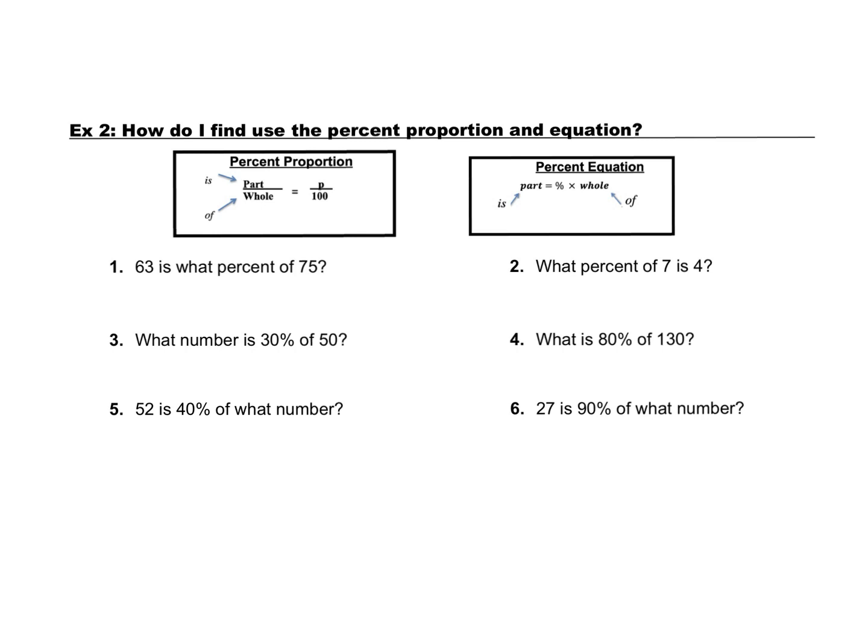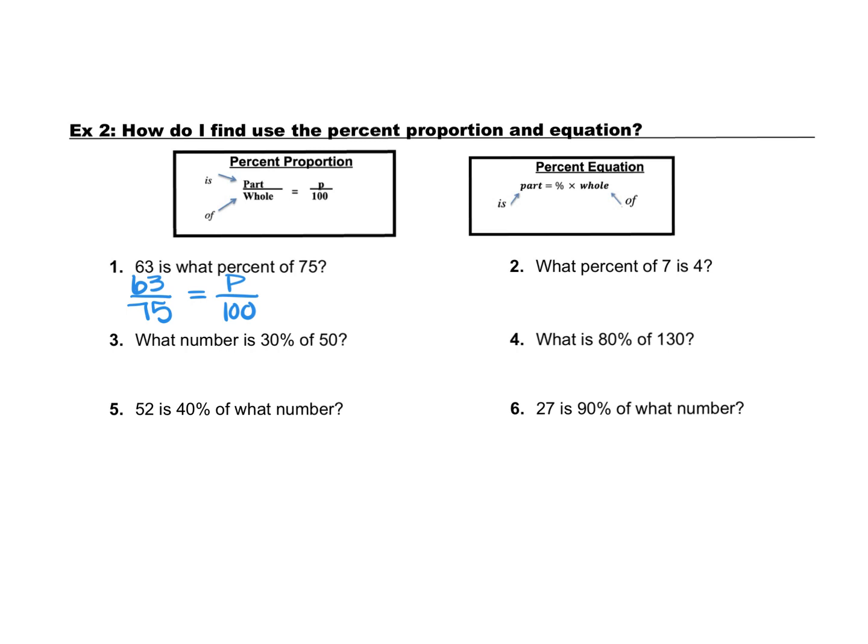You're turning that to the percentage. So for the first one, it says 63 is what percent of 75? So we're looking for the percent, so I'm going to place that all over the 100. And 63 is, that shows that that's the part of 75. Now, you can do this one of 2 ways.